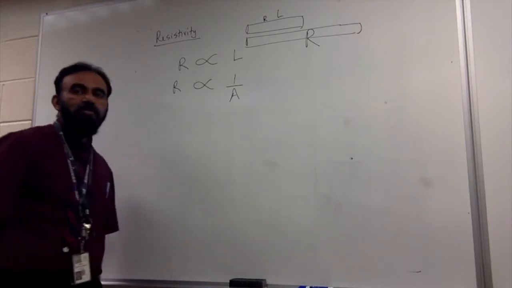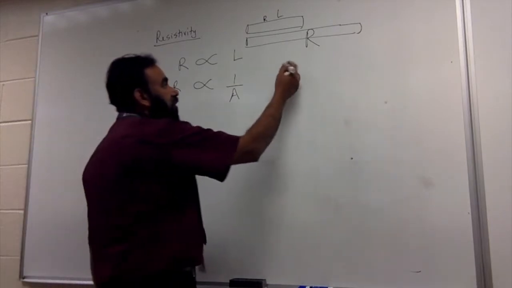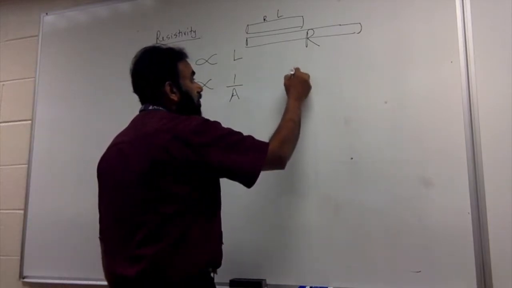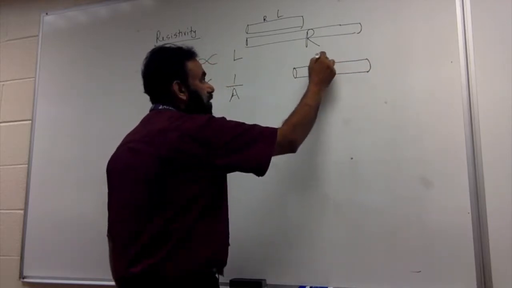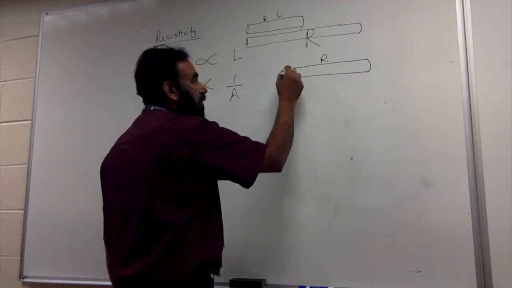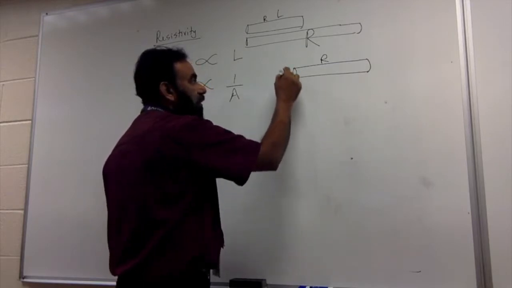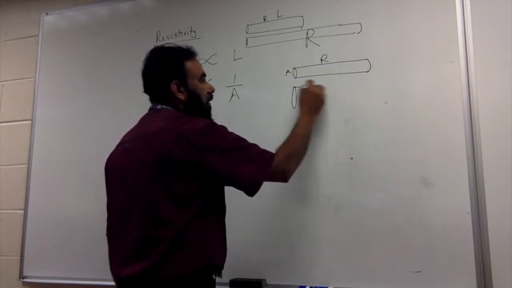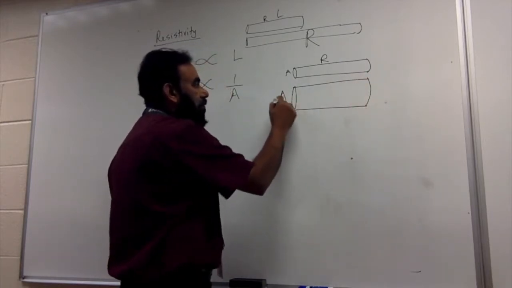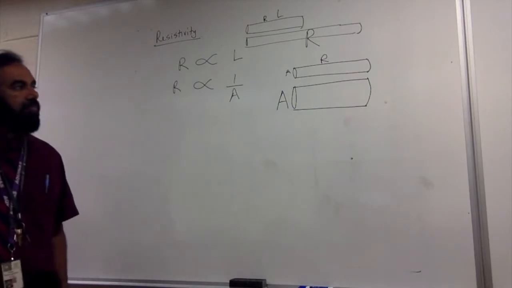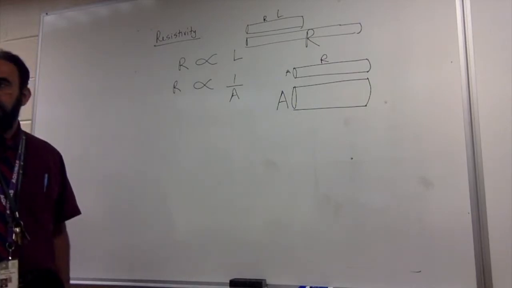And it is inversely proportional to the area of cross-section, which means if this wire of a certain length has resistance R and area A, then keeping the same length, if the area is bigger, the resistance is going to be smaller.